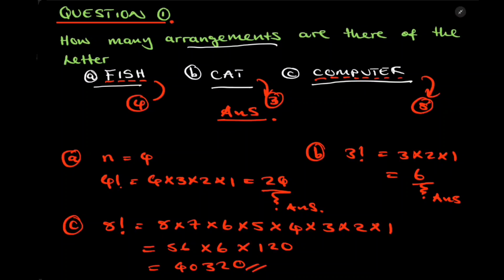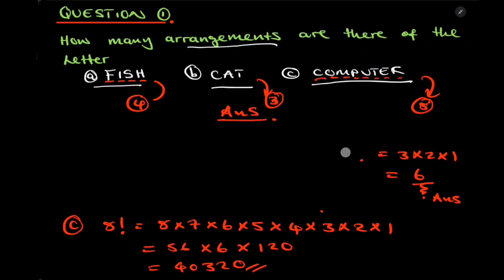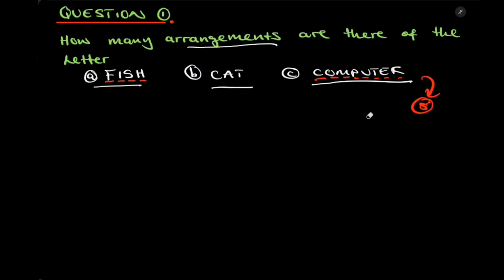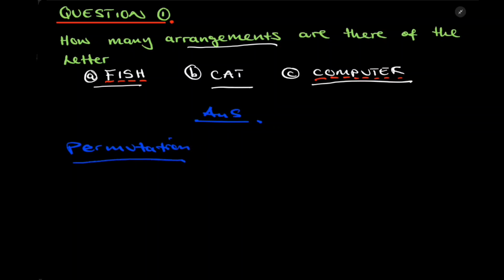Okay, now, how can you use permutation to find the solutions of this particular problem? Here's a definition for permutation. Let's get rid of everything. So when you say permutation, it's also ways of arranging items.